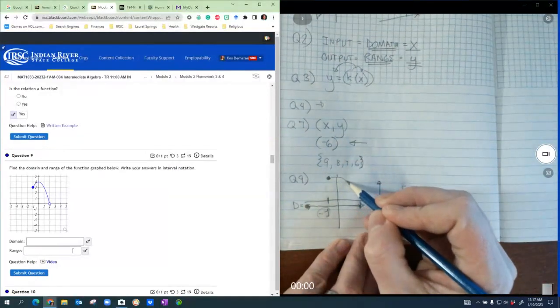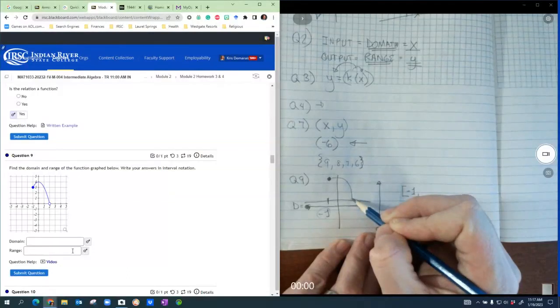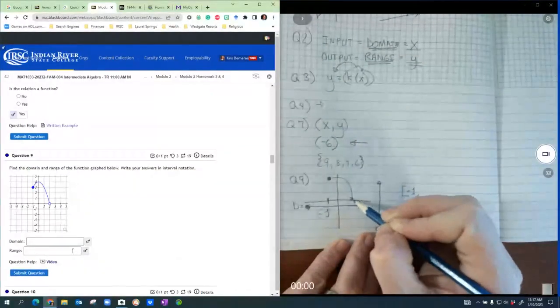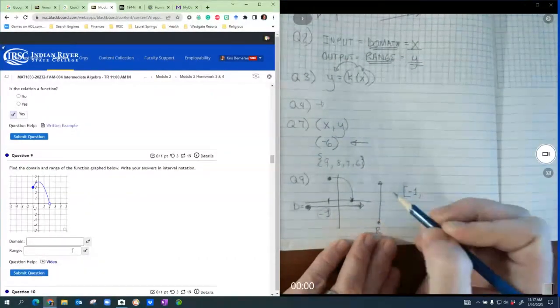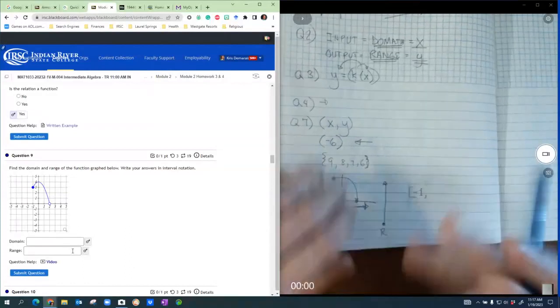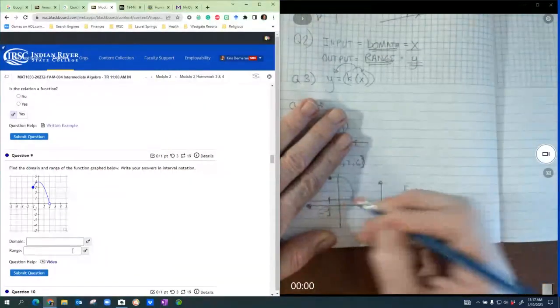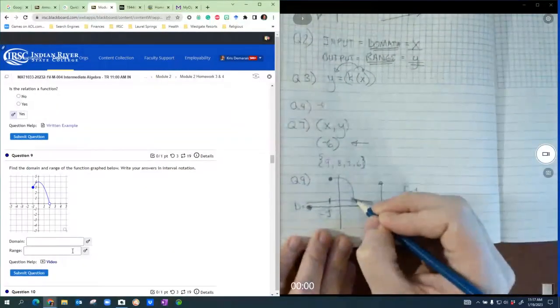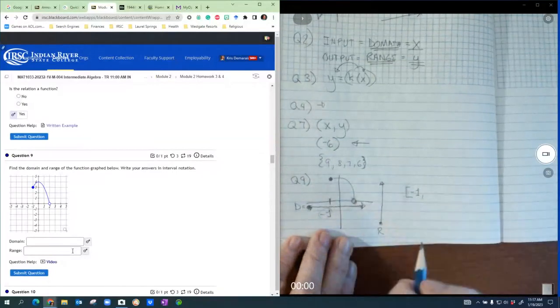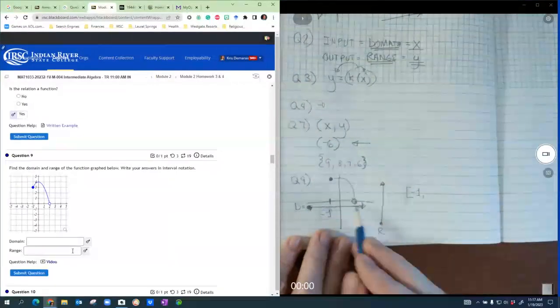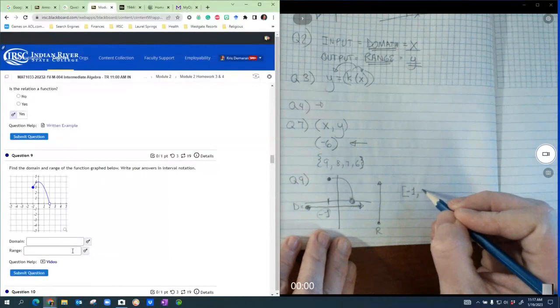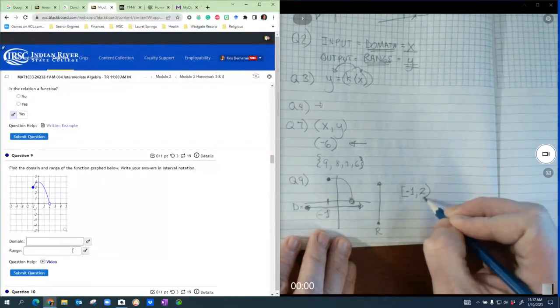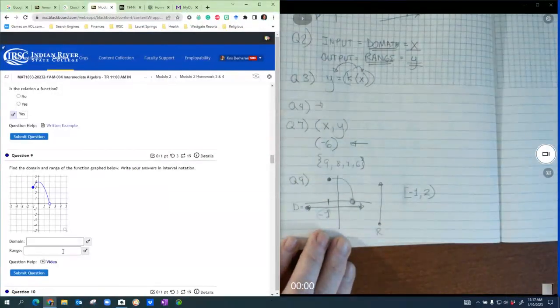And now it's dropping down like this, right? It goes like that. And then it doesn't have a closed circle, it has an open circle. So I'm going to erase that, and I'm going to put an open circle at that value. Now, because it's open, it goes all the way up to 2, but does not include it. That's what interval notation states.